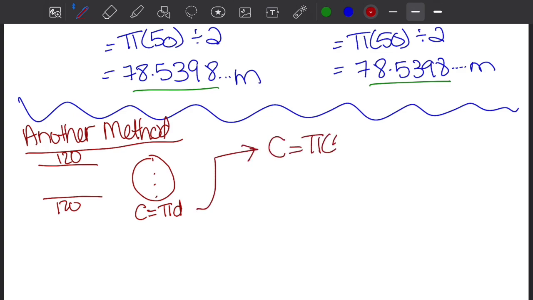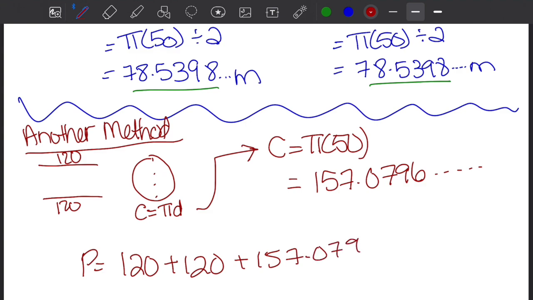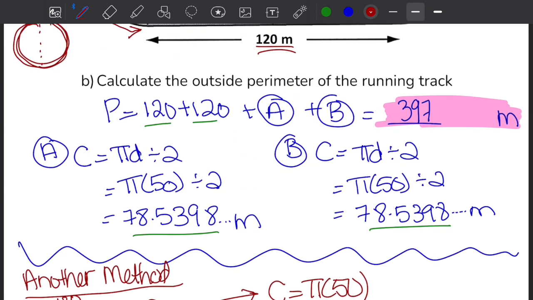Pi multiplied by the diameter, which is 50, and that will give us 157.0796 ... Now we take this and we add it to the two 120s, and that will give us 397.0796, which is the exact answer that we got here.